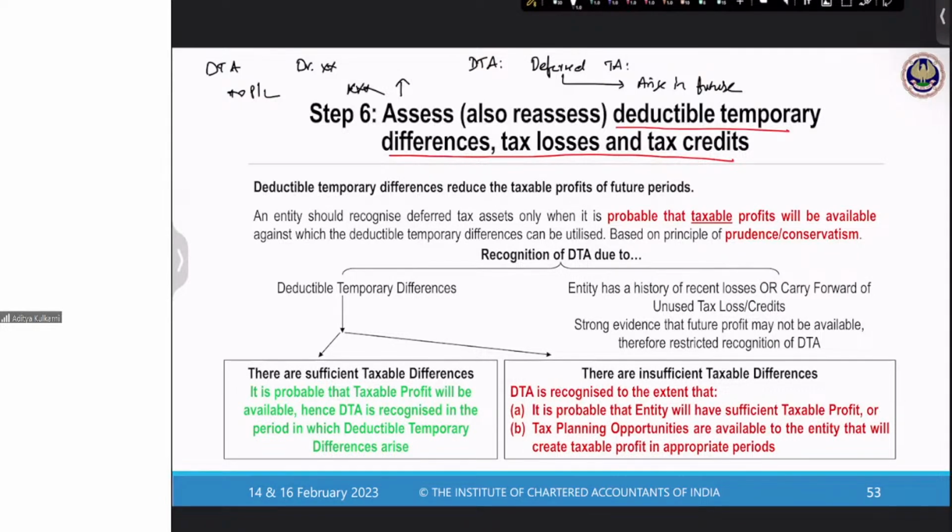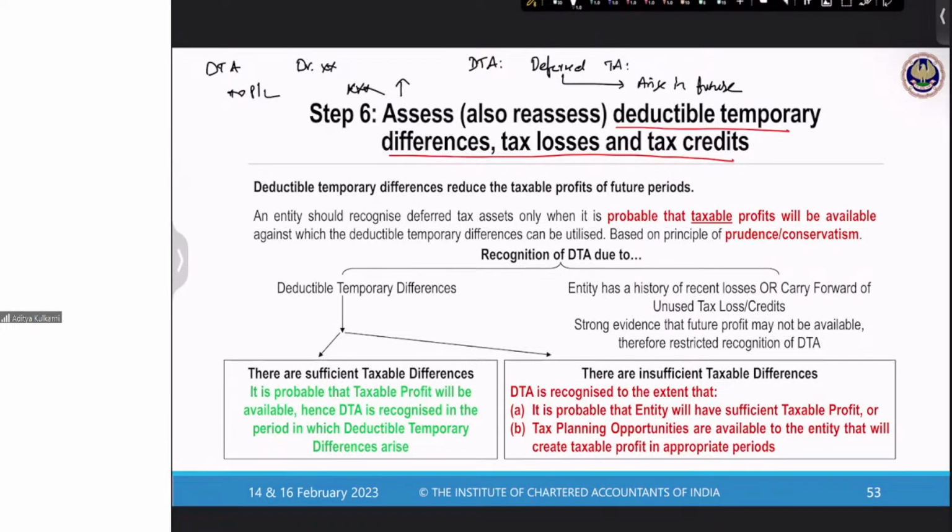If the probability of a liability is more than 50%, recognize the liability, because there is a chance you may end up paying it. So as per conservatism, recognize the liability. Asset के case में वैसा नहीं होता है.